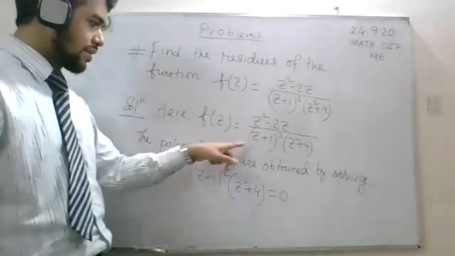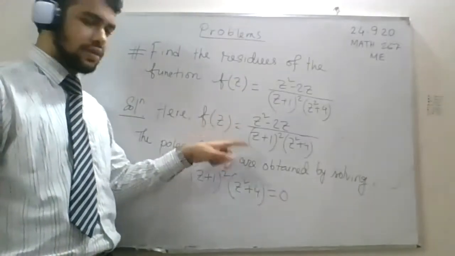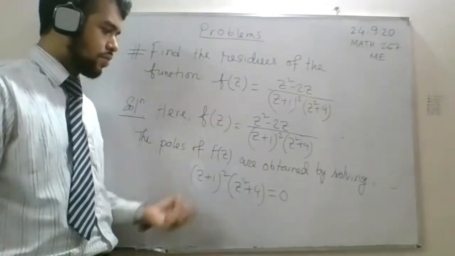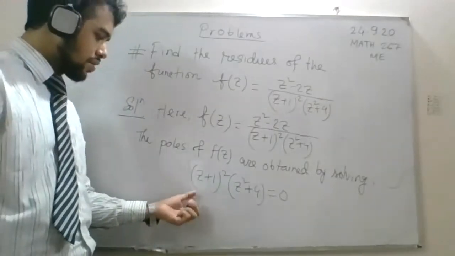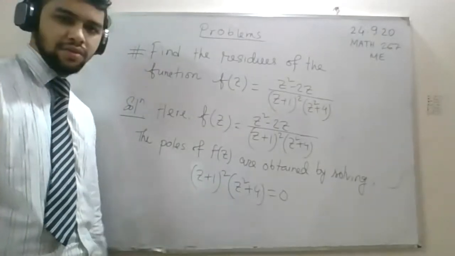So you have to let the denominator of your given function equal 0 to find out the pole of order m or n.